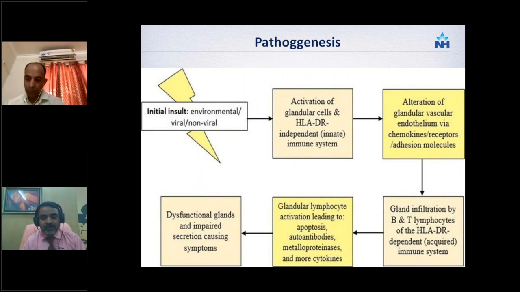That increased apoptosis leads to increased antigenic burden and antigen-antibody immune complex formation. B cell activation leads to plasma cell formation, and plasma cells lead to autoantibody formation. This is how the pathogenesis of this disease is initiated, leading to dysfunctional glands and impaired secretion, which leads to Sicca symptoms.